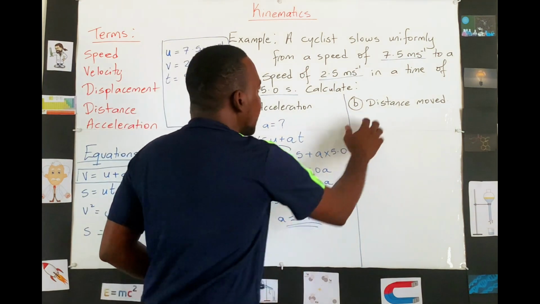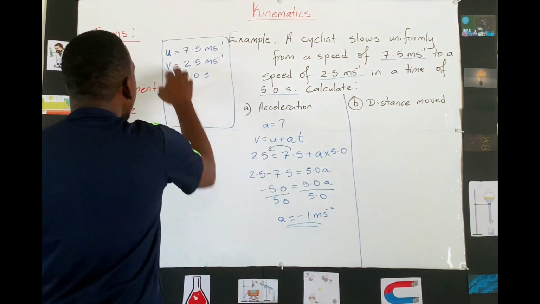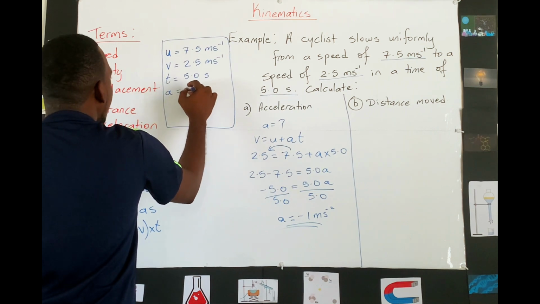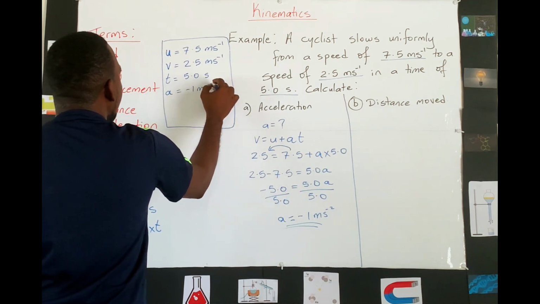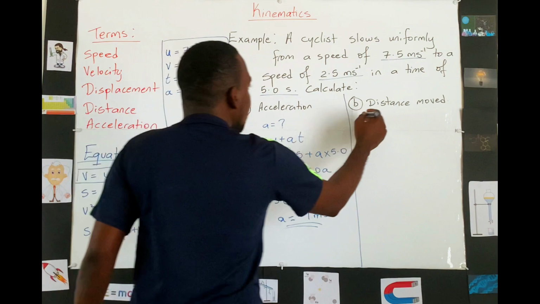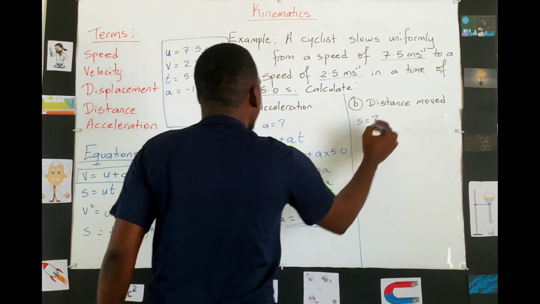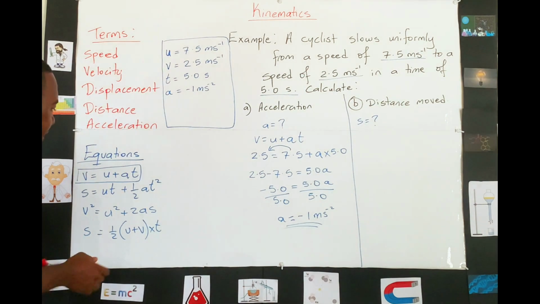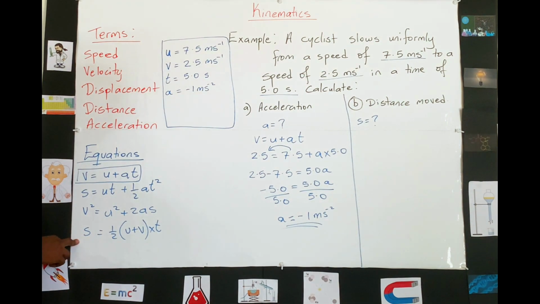And then finally, what's the distance traveled? So we now have these three, plus we can add our acceleration, negative 1 meters per second squared. Now we need to know the distance, which is s. Here we see we can use any of these three because we have everything now. So for ease, we're going to use the last one here.